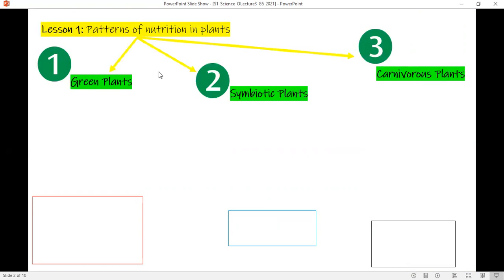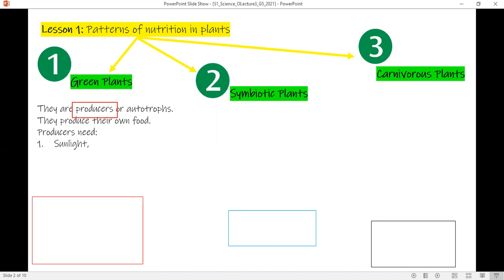Let's start with the green plants, which are considered as producers. These plants are called producers since they produce their own food through an important process called photosynthesis. To go through photosynthesis, plants need three different ingredients.